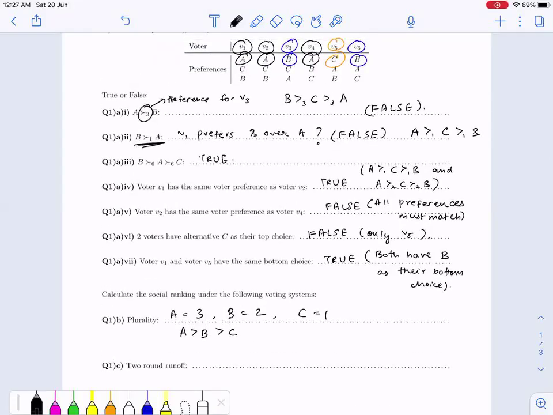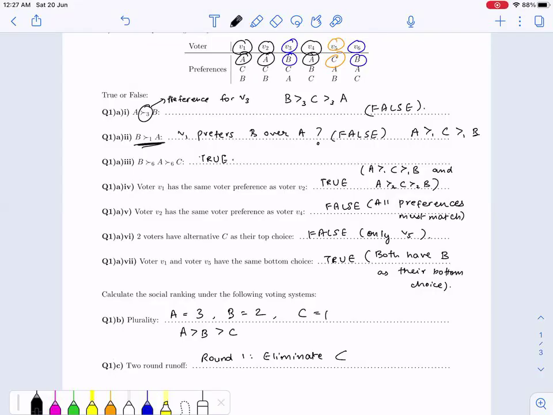Now in two-round runoff, you apply plurality in 2 rounds. So in round 1, apply plurality, just keep the top 2 and eliminate the rest.